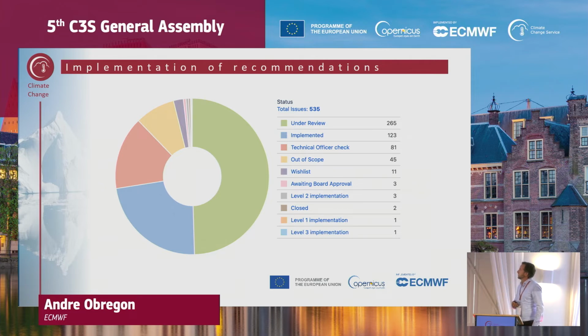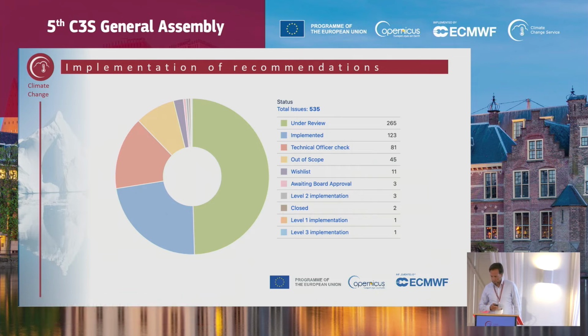Just to give you an idea about what we have been doing internally, we have implemented so far over 100 of those recommendations. Recommendations usually cover quite a lot of requirements. So with one recommendation, we can satisfy quite a few users. And this has been done in the past.